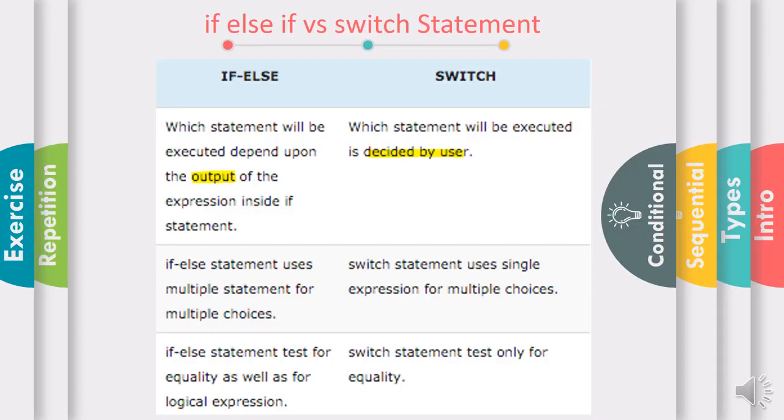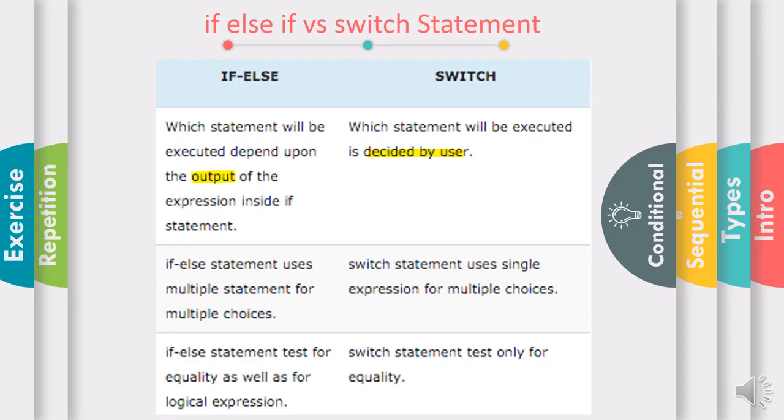If I want to perform addition, I will select the operator for addition, or division or multiplication. That is to be decided by the user, but in the if else if statement that is decided by the output of the expression.